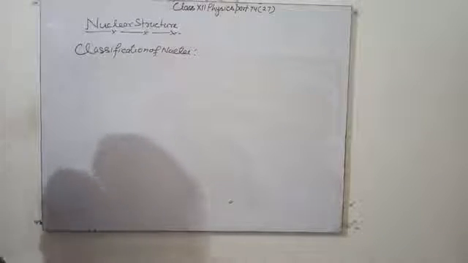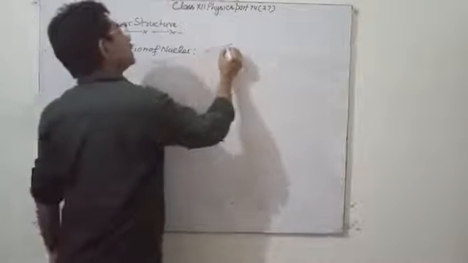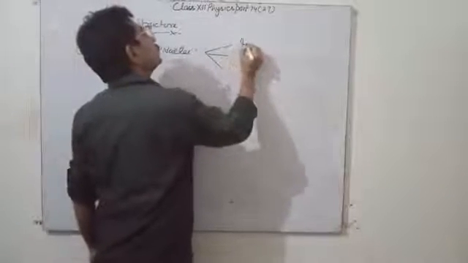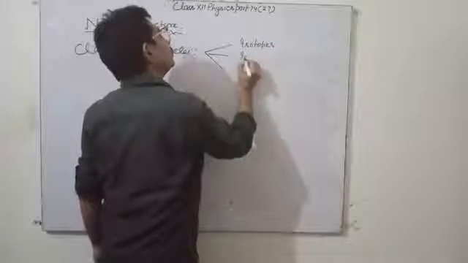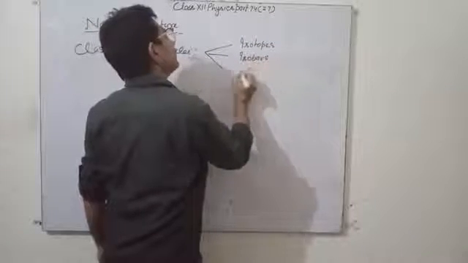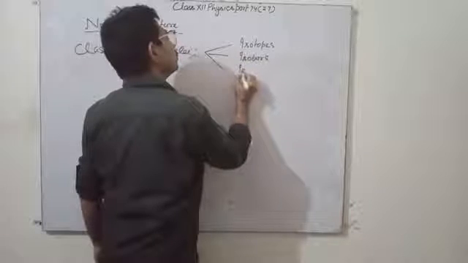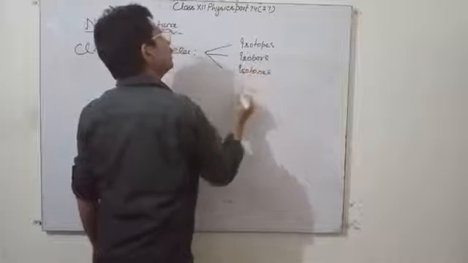Nuclei are classified into isotopes, isobars and isotones. What do you mean by isotopes?